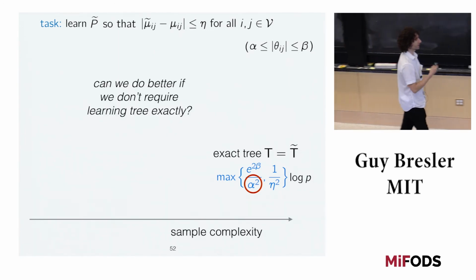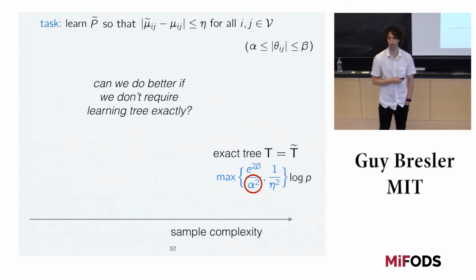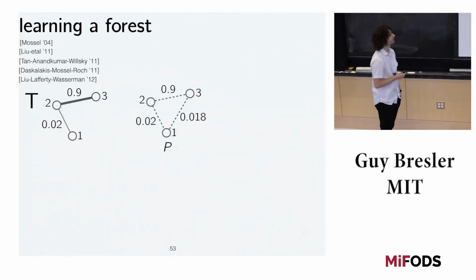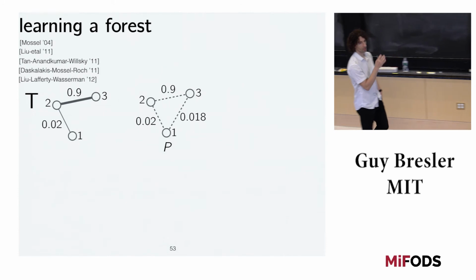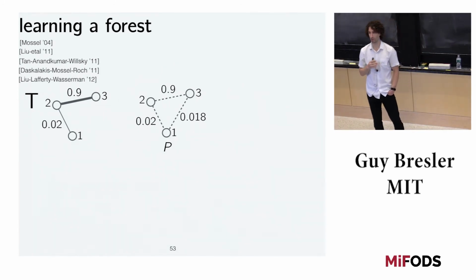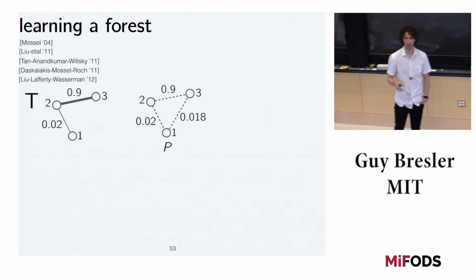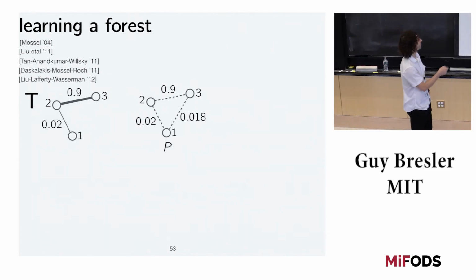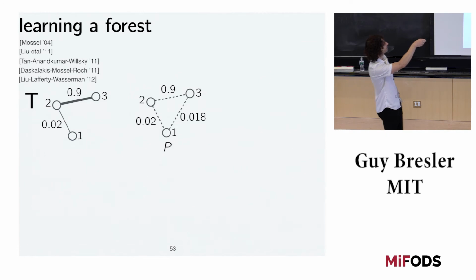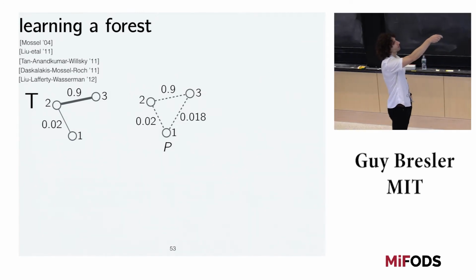And to that end, let's not try to learn the tree exactly. Let's try to learn something else. So an idea that's present in many papers in the literature on learning tree-structured models of various forms in phylogenetics and other settings is to say, well, you know what, this edge, it's pretty weak. This is roughly the same example as before, except I'm assuming now some concrete values, 0.9 and 0.02.